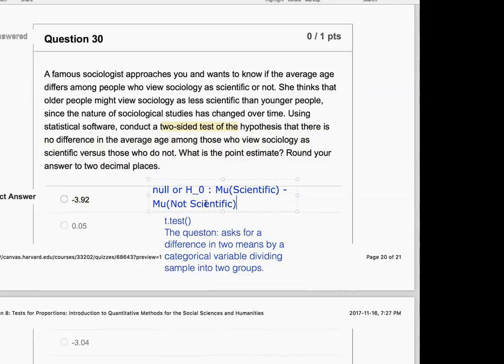Then all we're doing is looking at the output. If you look at the output, you'll see the mean among those participants in the poll who said sociology was not scientific.